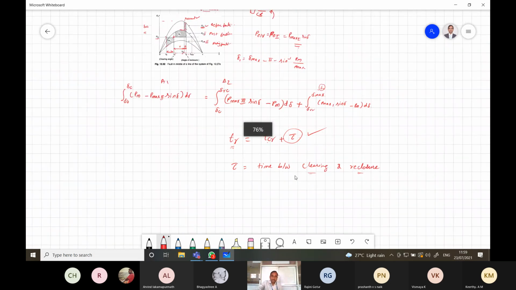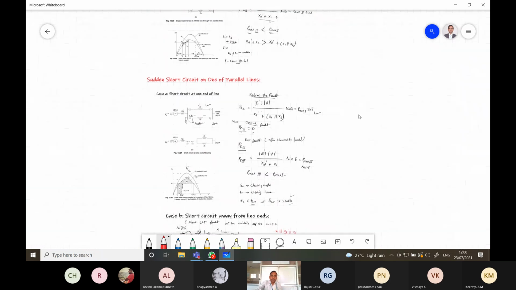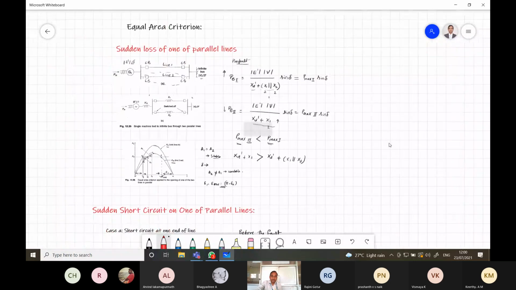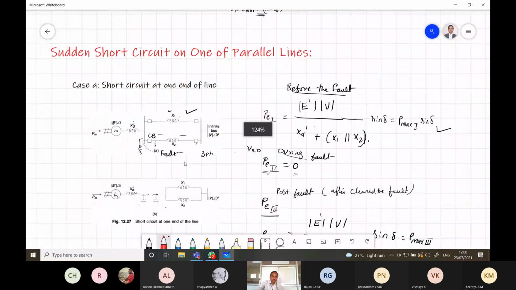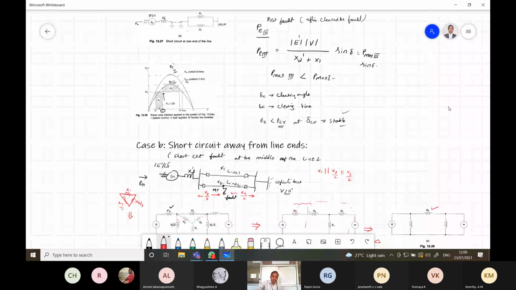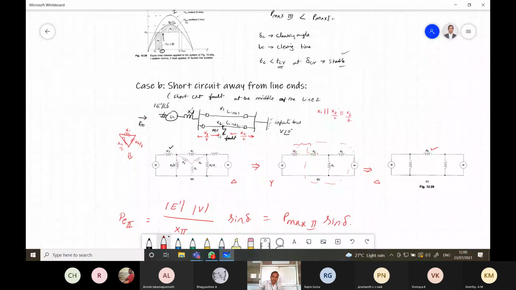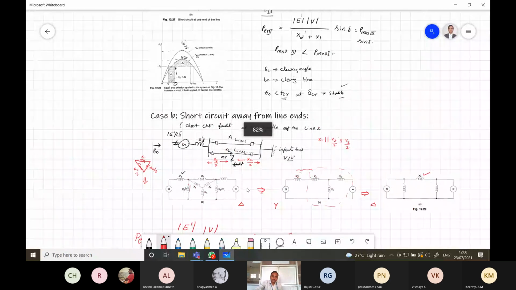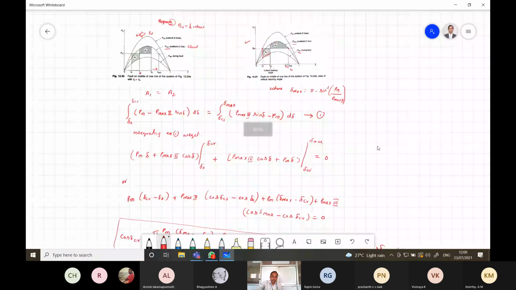Any doubts regarding these things? Today we have discussed the sudden loss of one of the parallel lines, and a sudden short circuit occurring in the second line, and what conditions change. We discussed a short circuit away from one end, and a second case at the middle of the line, and what changes we got at the middle point, along with the equal area criterion.